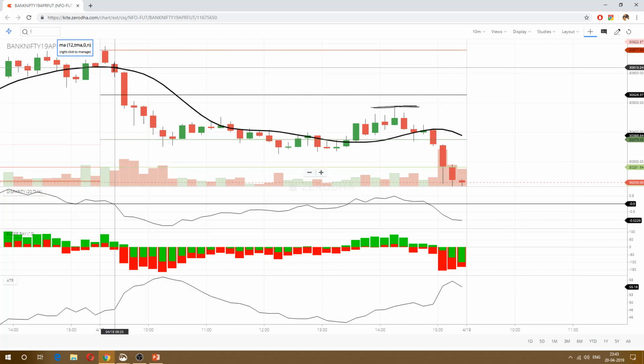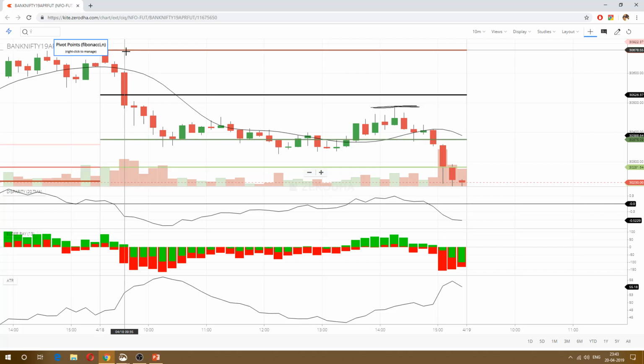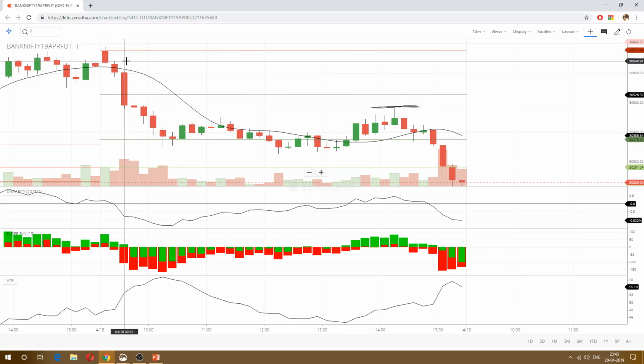So at 620, you will just add 23.5 to 30,620. So your stop loss will be approximately 30,643.5 or 30,640, above here. So it is slightly above the 12 triangular moving average.